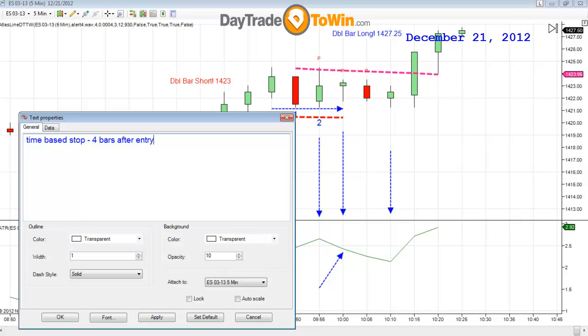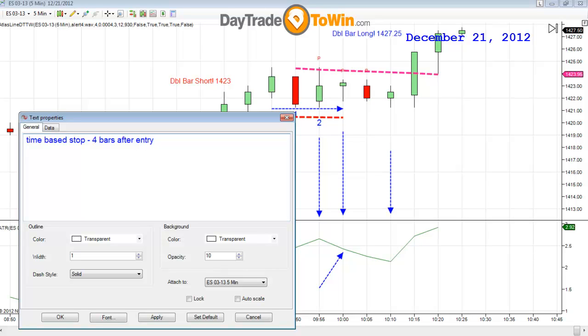It's time to let it go. So I manage my trades with a time-based stop just to make sure that I'm not holding on to this thing forever. 4 bars, 20 minutes, more than enough time for a reaction to occur. Okay.